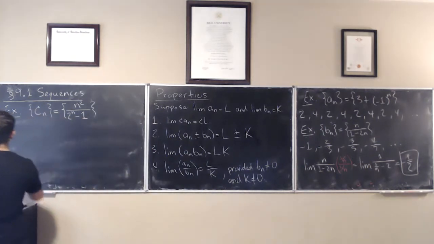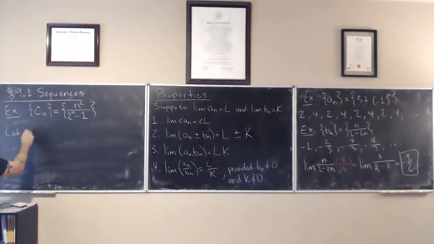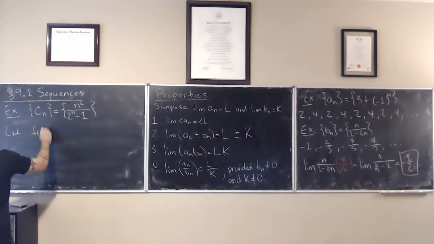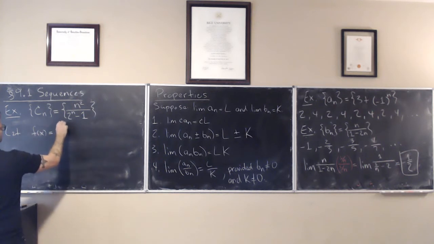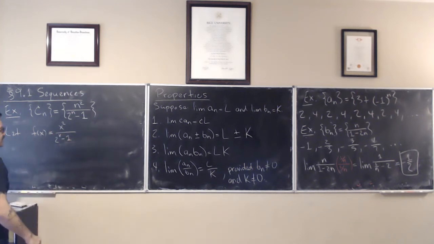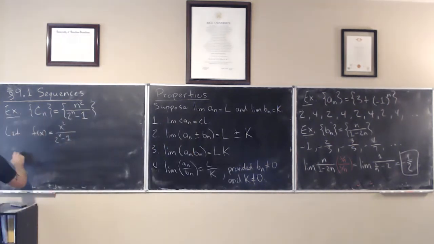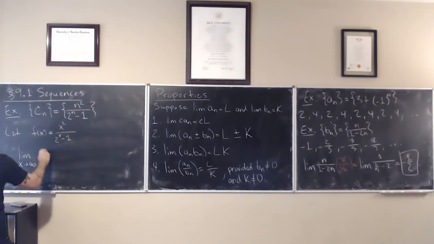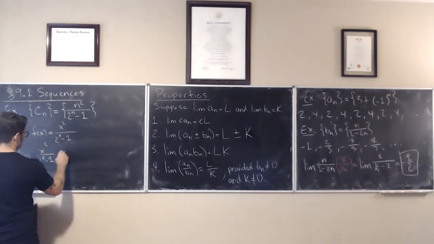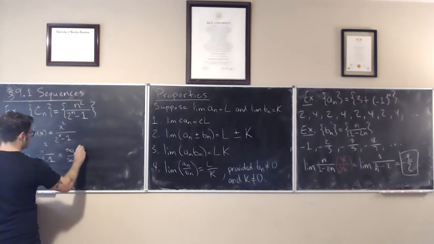So I'm going to say, let f of x be this real variable function, and then I can take the limit as x goes to infinity of f of x, and I get infinity over infinity.